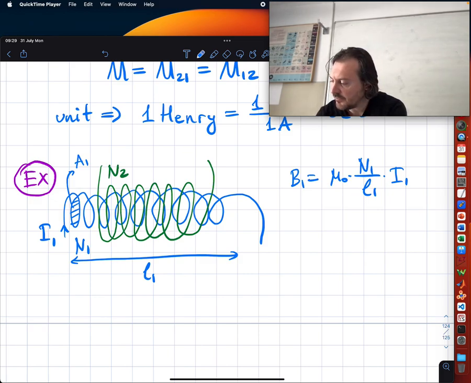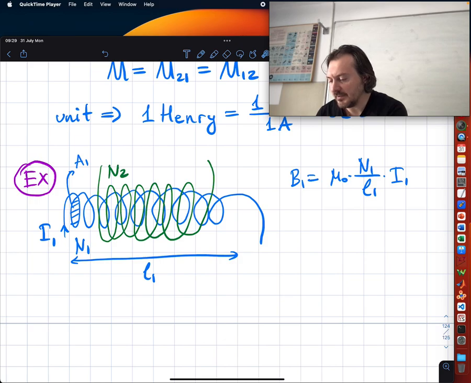So the magnetic flux, let me ask you this one. Which one is easier, to find the magnetic flux generated by the first one going through the second one, or the other way around? Do you understand the question?